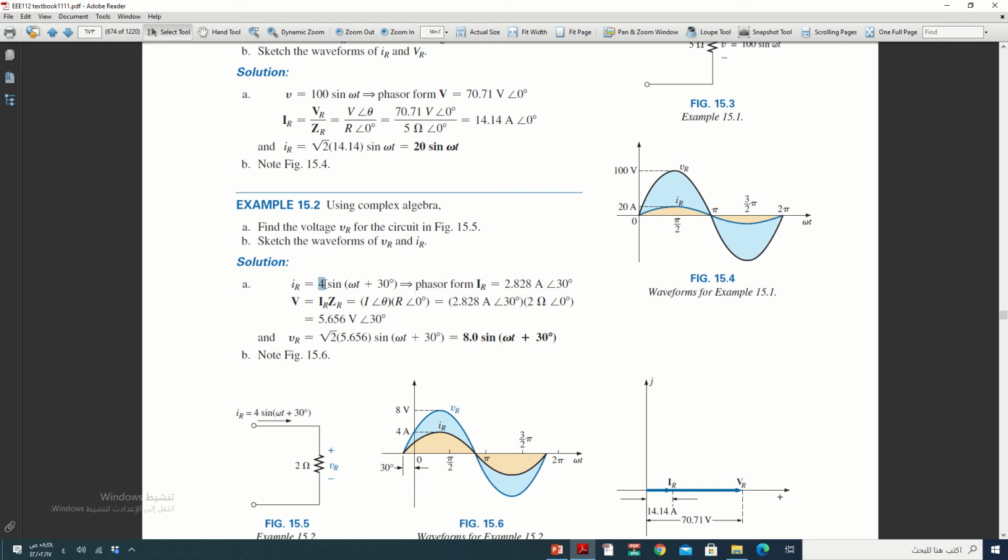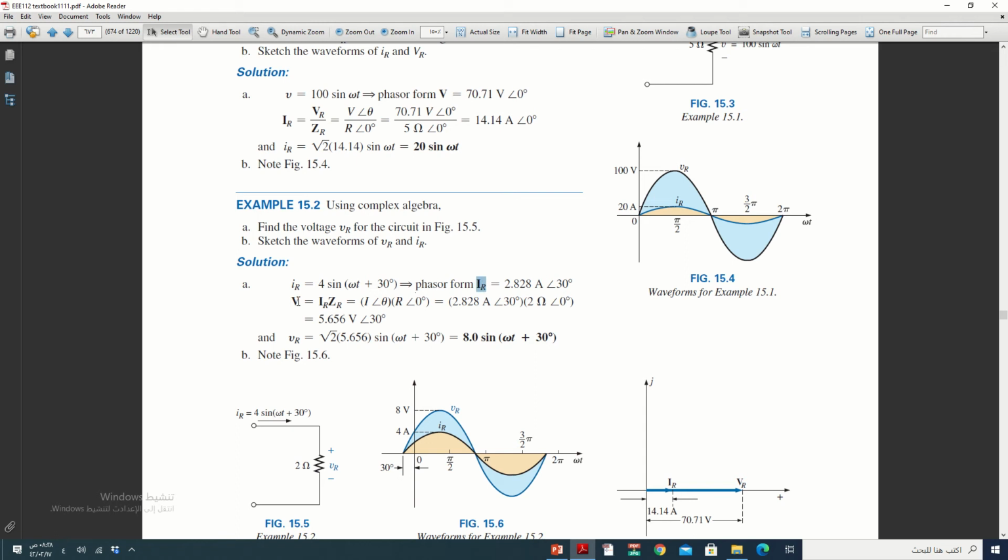We will divide 4 by root 2. We will get 2.828. Please, my students, try to use the calculator for all examples to be easier to calculate in the quiz or exam. Try to practice. Okay, now we found IR.